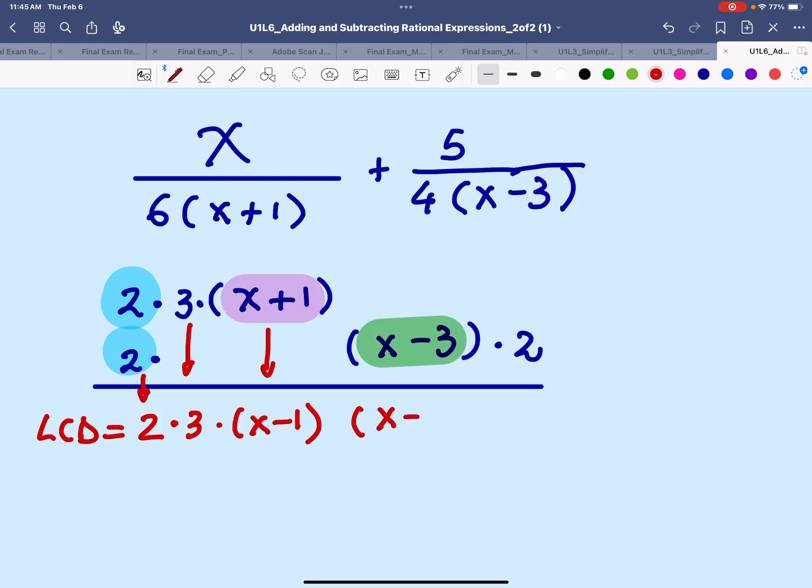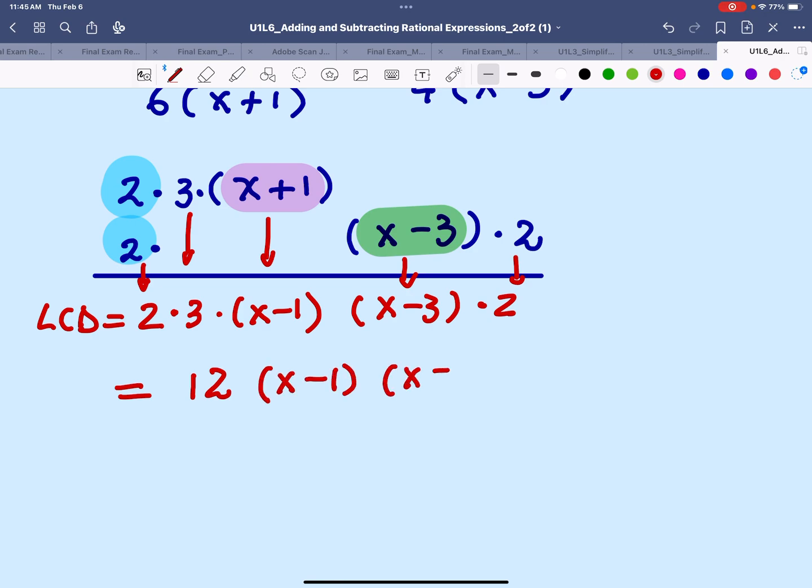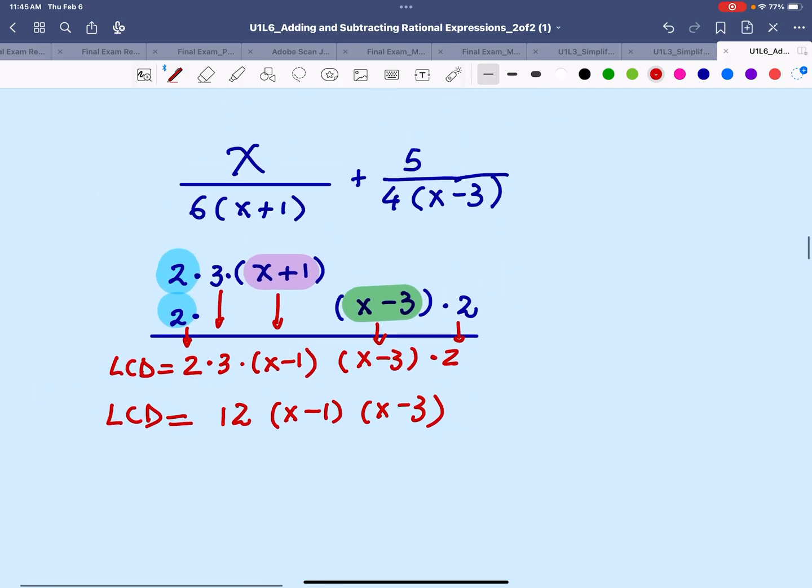So that's coming down as well. And then number 2, which is a factor. And we're going to say that in a simplified form. I'm going to bring the 2, the 3, and the 2 in here together. That will give 12 as a common factor, x plus 1, x minus 3. So this will be the lowest common denominator of our expression.